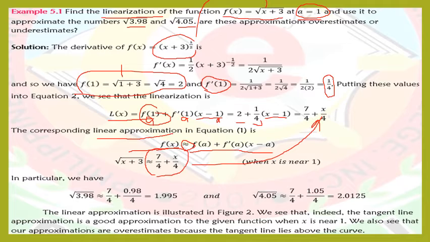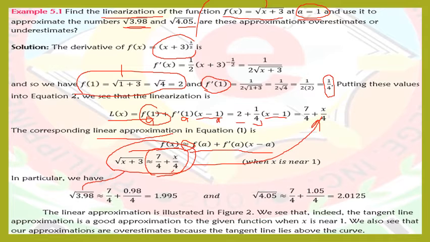Kung sa square root of 3.98, eto lang yung ginamit na formula ha, etong part na to. Okay, si square root of x plus 3, pinalitan siya ng square root of 3.98, galing doon sa given natin, kasi yan man yung isa sa pinapahanap.